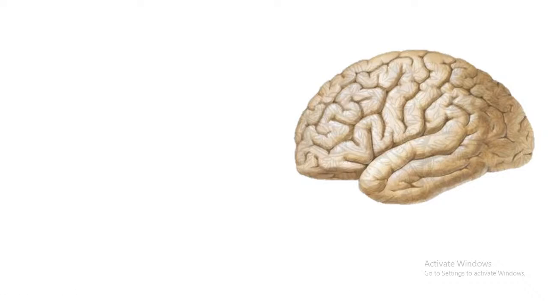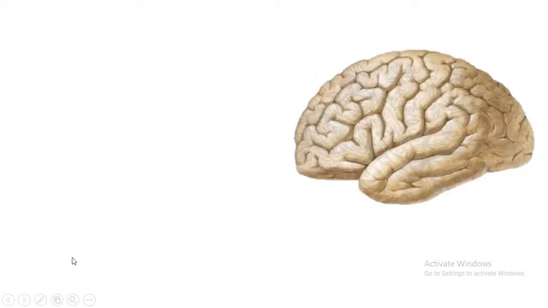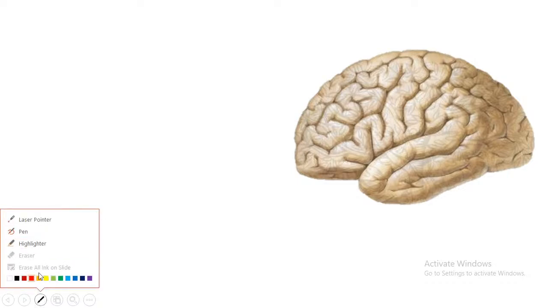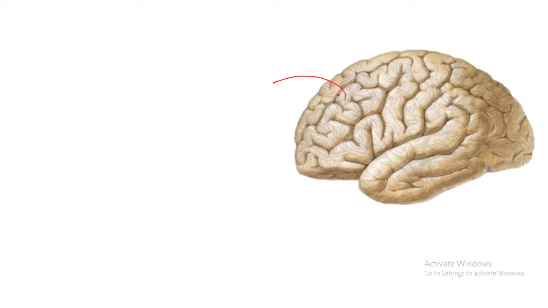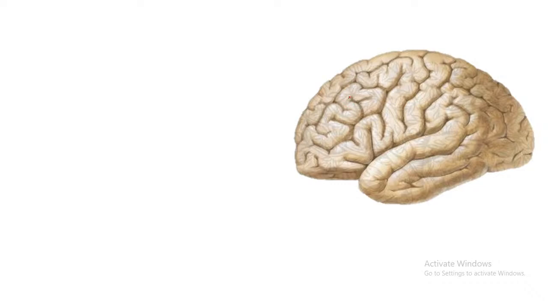Now, this convoluted part of the brain, what are the things that we see? The swollen parts over here are known as gyri, or in singular, gyrus.